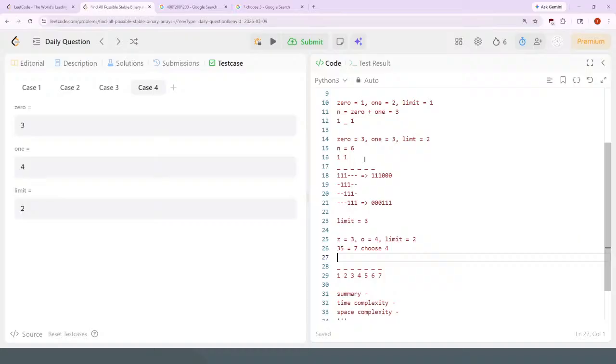Overlaps kill it. I go through every index. I go through every index.